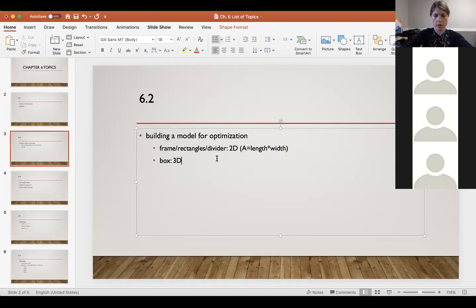And then for your box, volume equals length times width times height. All right, so that should be all the formulas that you need there.